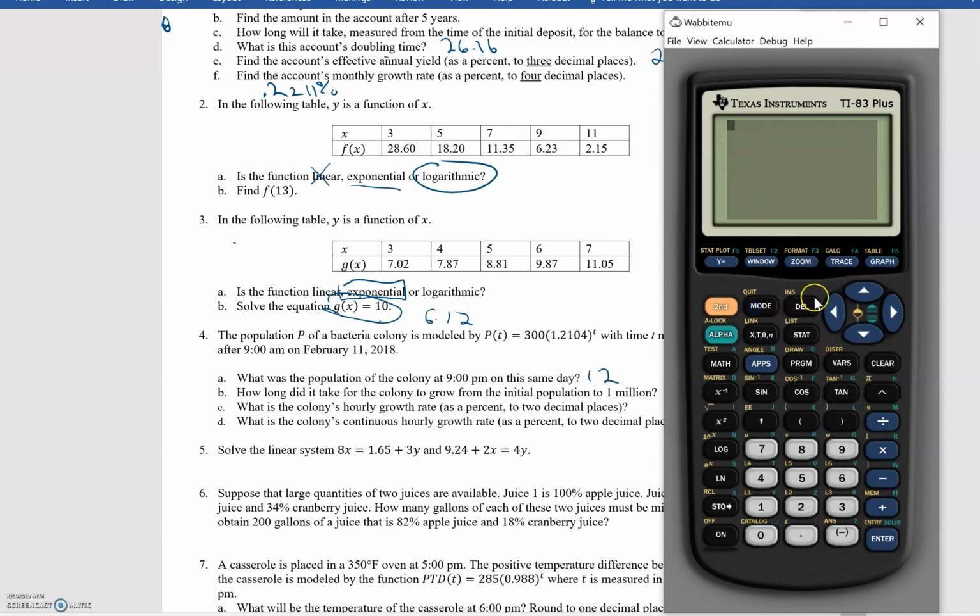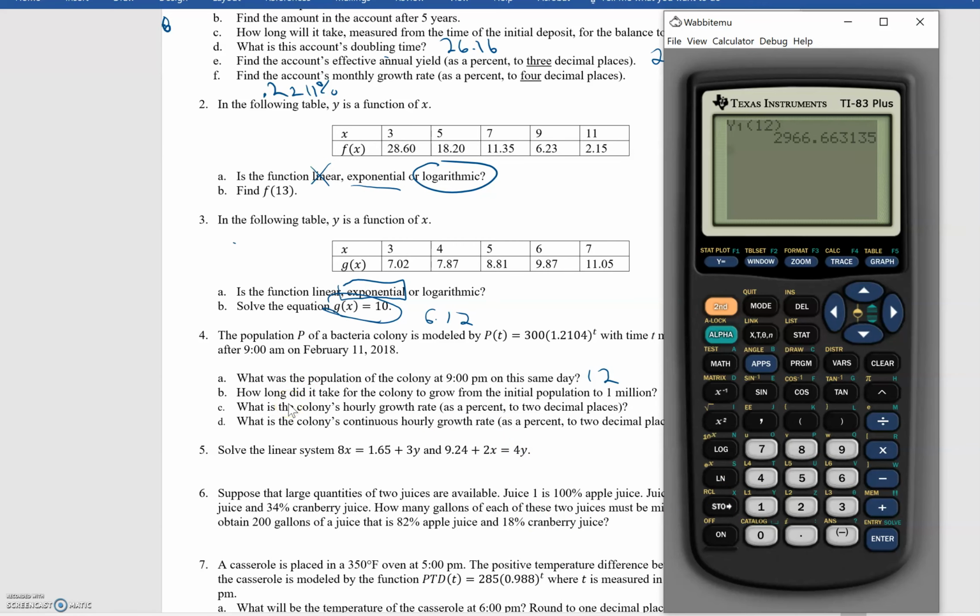Okay. And now evaluate the function at 12. And there is our population at 9 p.m.